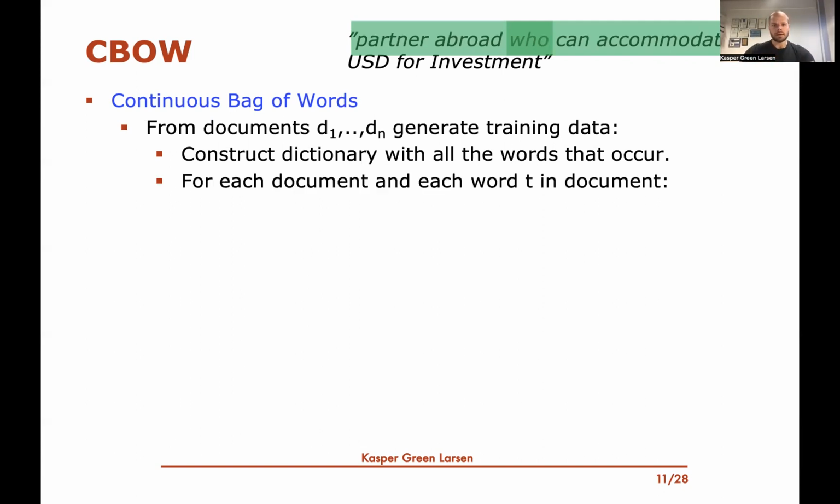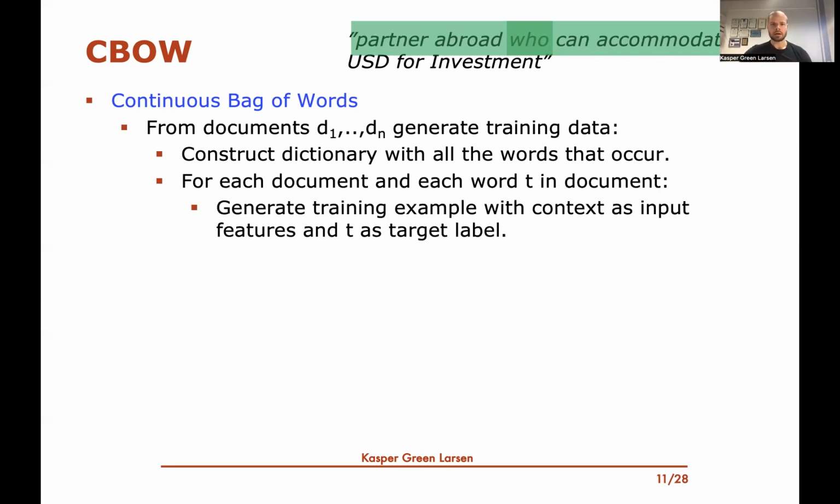Now you go over the documents again and look at every word in the document. You generate a training example with this word and the context around it. The context is the input features and the word is the target label.